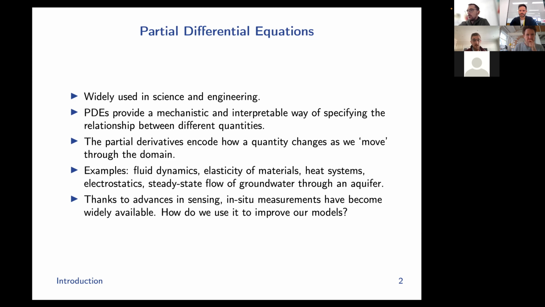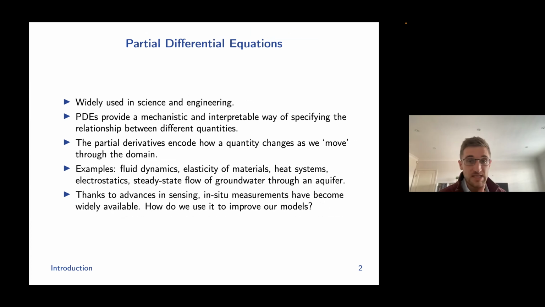They are mechanistic, and they provide an interpretable way of specifying relationships. And this hopefully goes with the theme of the seminar series, where we have some physics together with the data-driven approaches.